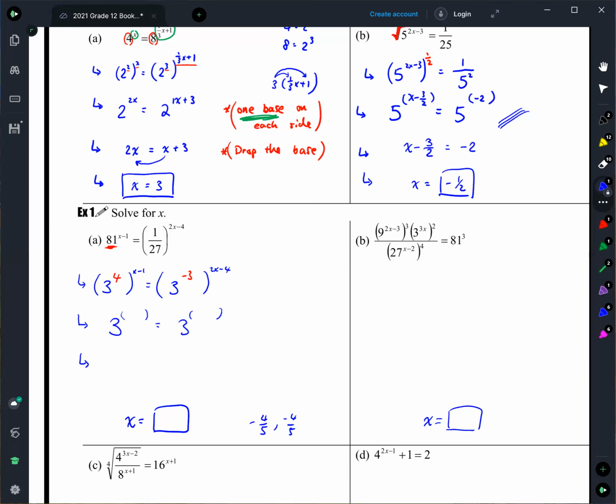I mean 1.6. 1.6. What's that in fraction then? Is that 4/5? I think it's 10 over 8. Wait, 1 sec. 8 over 5. 8/5. 16/10, right? 8/5. Okay, so we have -4/5, 8/5.